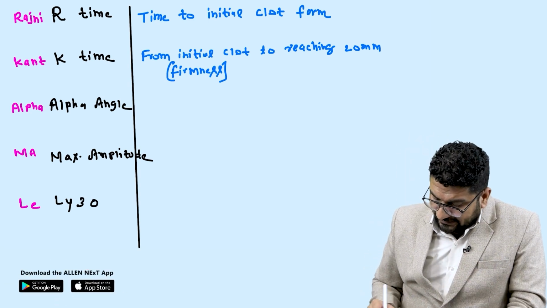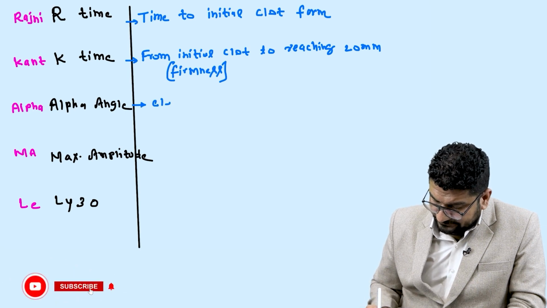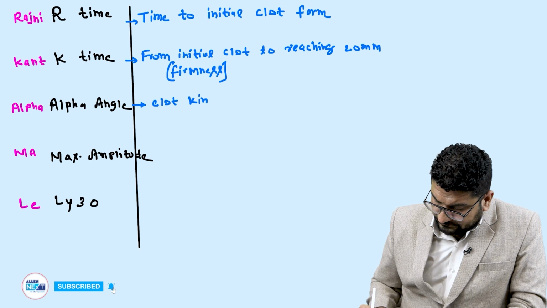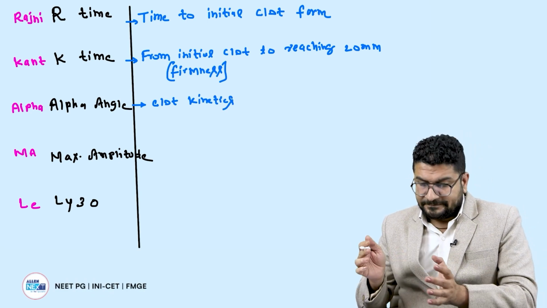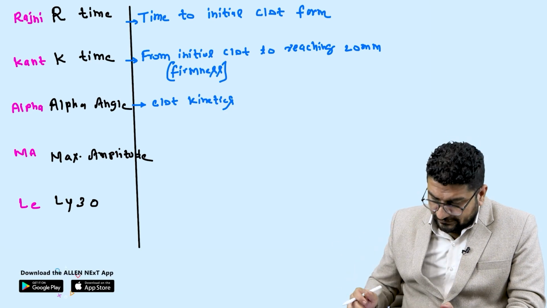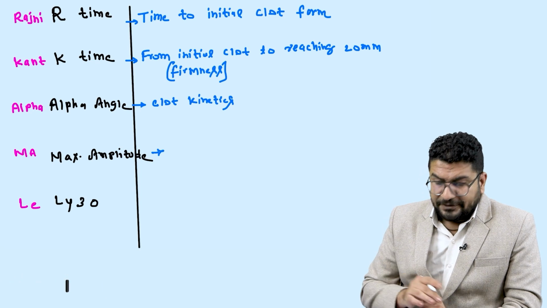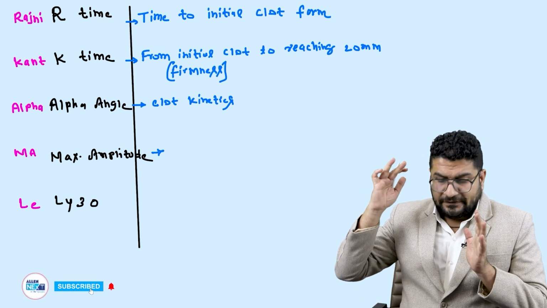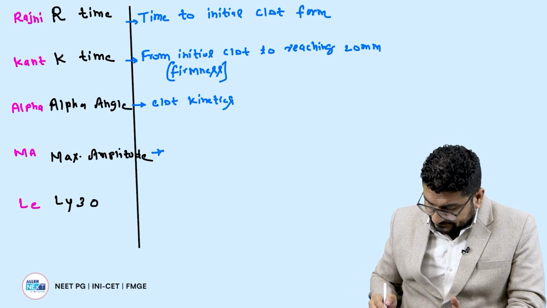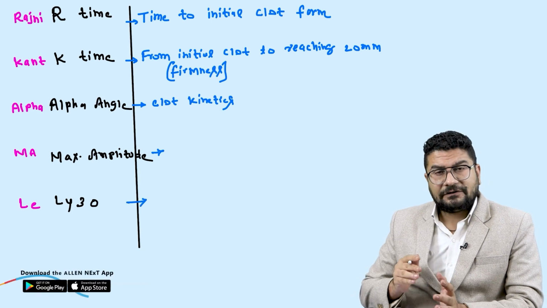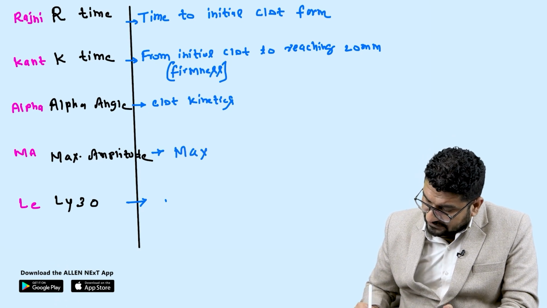Then we have the alpha angle. This alpha angle is telling you information about clot kinetics. What I mean by clot kinetics, understand, is that it's an angle: the angle between the baseline of the initial clot and a tangent line. Then we have maximal amplitude, which is the maximum deviation of tracing, in the range of 55 to 73.